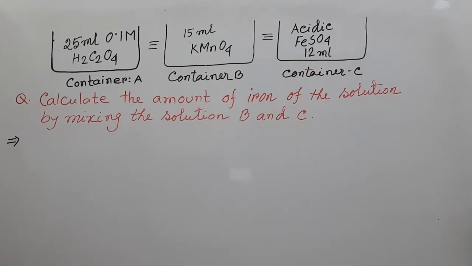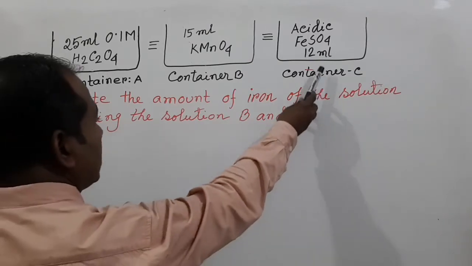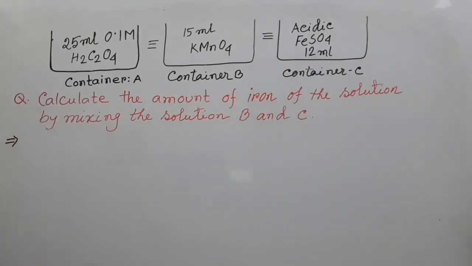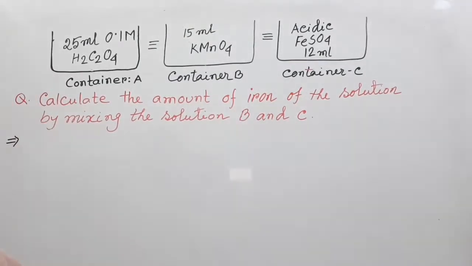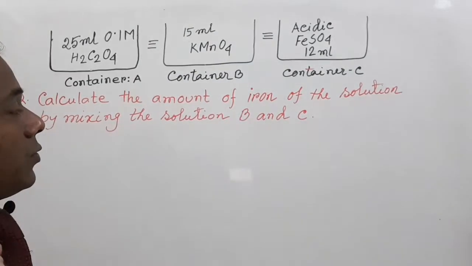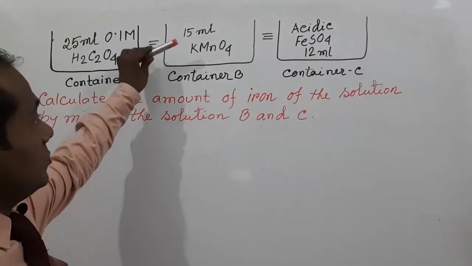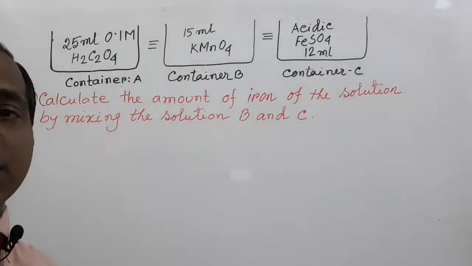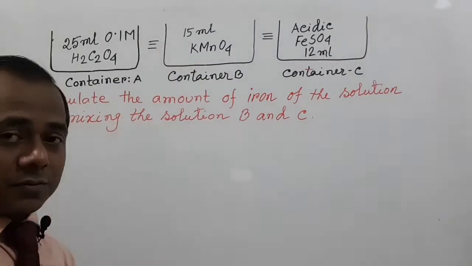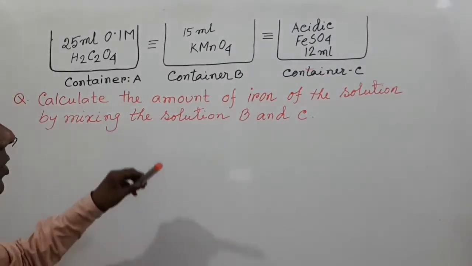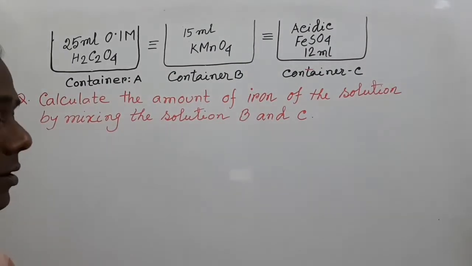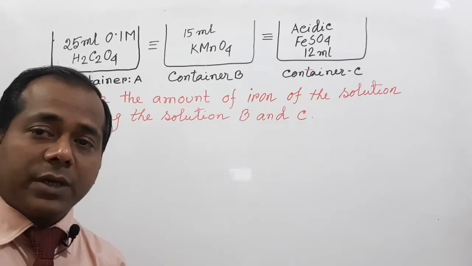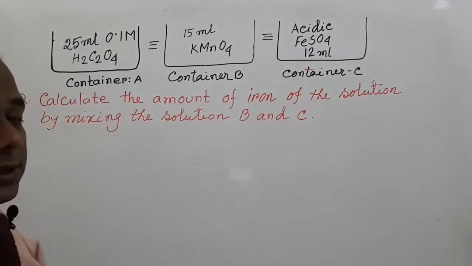Our question is, calculate the amount of iron in the solution by mixing solutions B and C. Here we can see that in container B the concentration of potassium permanganate is not given. So at first we have to calculate it with the help of oxalic acid.